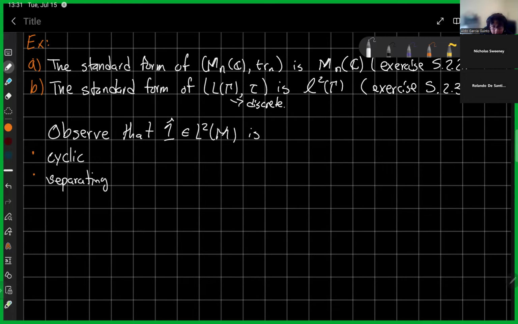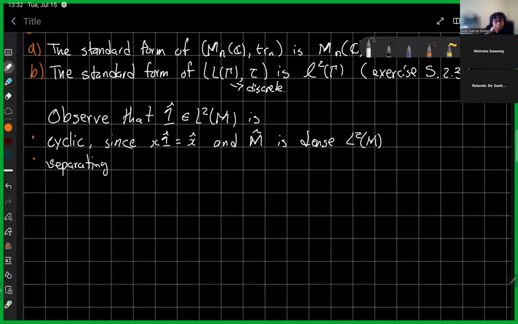It's cyclic because X hat is going to give you X hat, and M hat is dense. Separating comes from, if I haven't said it enough, I'll say it one more time, faithfulness. And this is because we know that the norm of X one hat squared is equal to the trace of X star X.